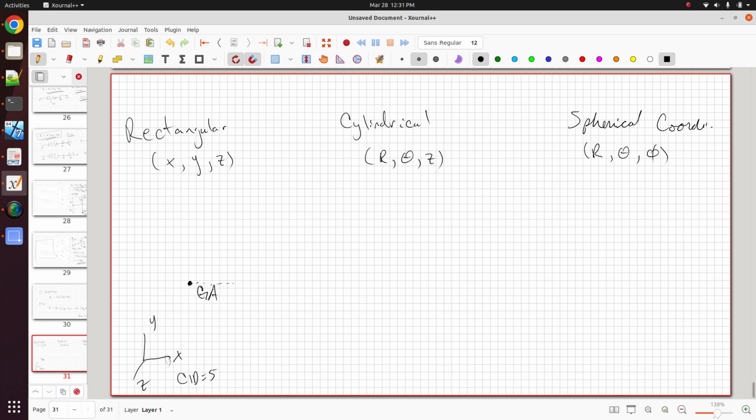You walk along, and here let's say we want to look at 1, 1, 0. What does that vector look like? We walk along the x, we walk along the y, and we walk along the z. So here, this is our vector at GA in this coordinate system. What does the vector look like in the cylindrical coordinate system? This is where it gets a little complicated.